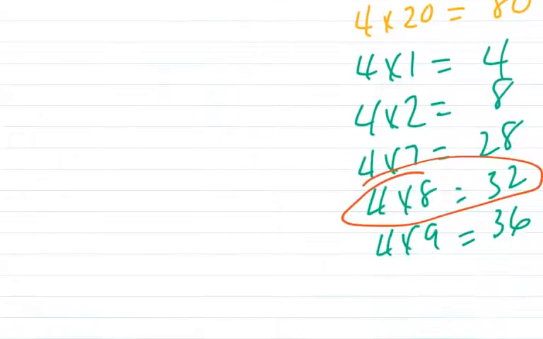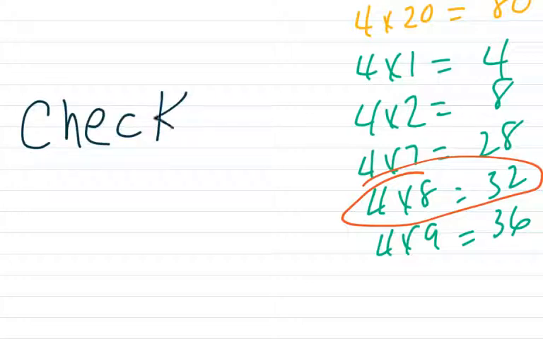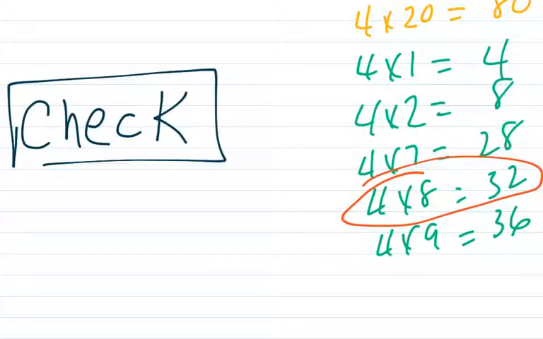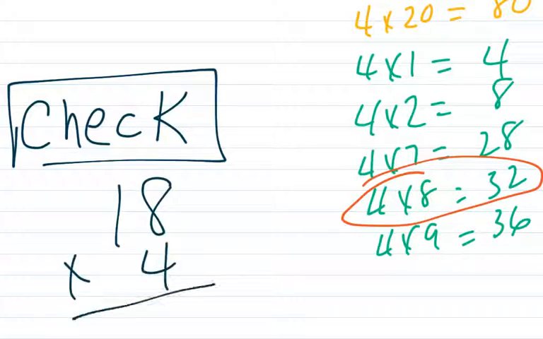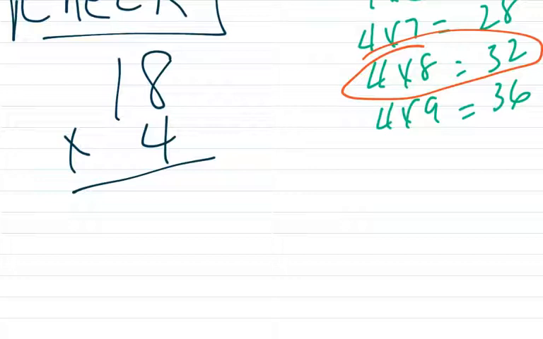Now, what we have to do is we have to check. 18 times 4. You remember our remainder is part of this. We have to add it in at the end. So 8 times 4 is 32. Bring down my 2. I'm going to regroup my 3 to the tens place because 32 is 3 tens 2.